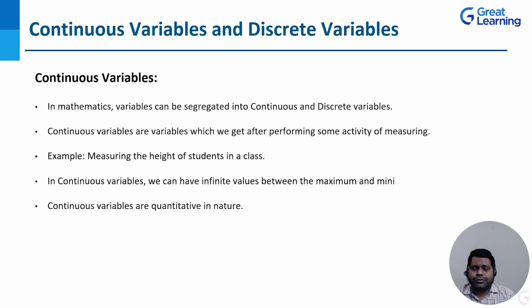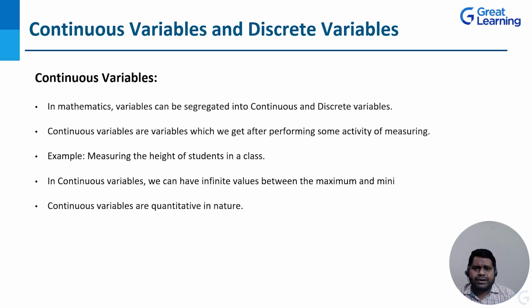So you will call all the students one by one and then measure their height. Now suppose one student's height is 5.6 inches. Can you say that the student's height is precisely 5.6 inches? No. We cannot say that, because there can be an infinite number of values between the minimum and the maximum of 5.6.